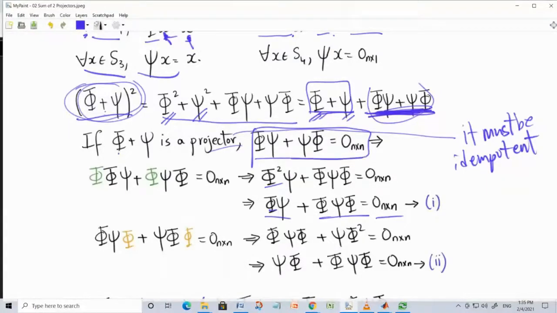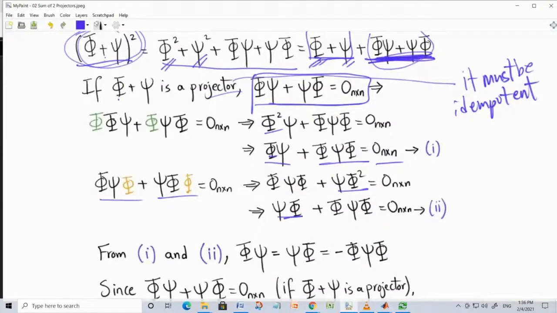Now go to this expression again, and multiply it from the right by matrix phi. Here you get psi phi squared, which is psi phi, and then this term will be phi psi phi. Again, since our matrix is a projector, this is equal to that. So the sum of these two matrices is the all zero matrix.